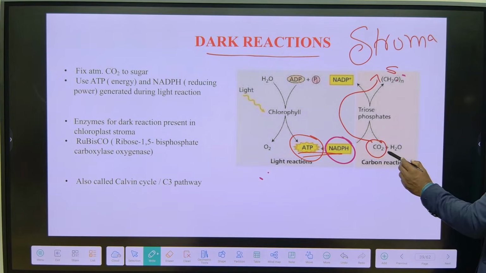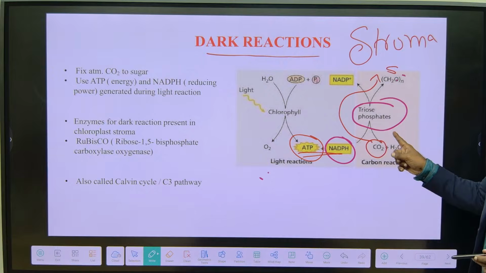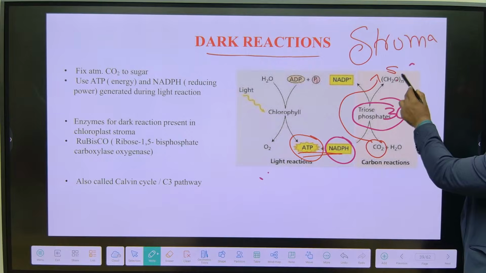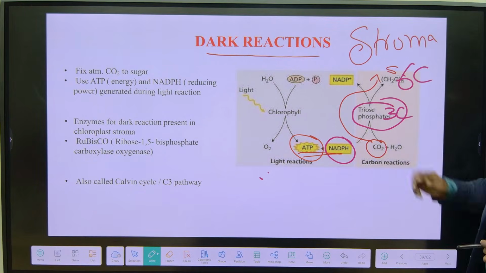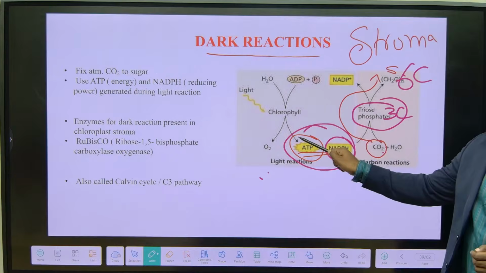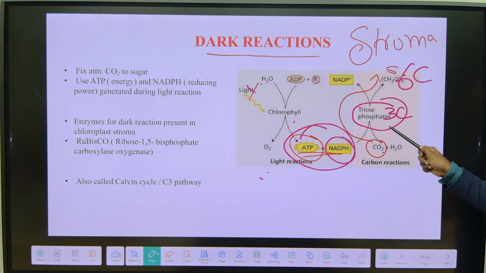First, it is forming triose phosphates. Remember always, first carbon gives rise to 3 carbon containing compounds, and these are finally converted into the 6 carbon. So to reduce the carbon into glucose, we require only energy. We do not require the light. That's the reason we call it light independent or dark reaction.